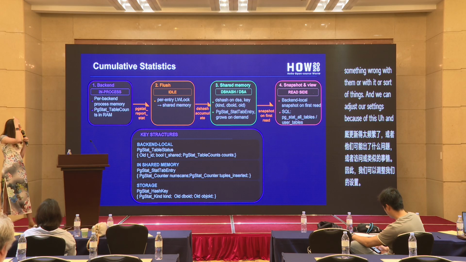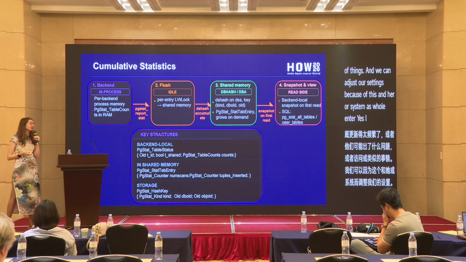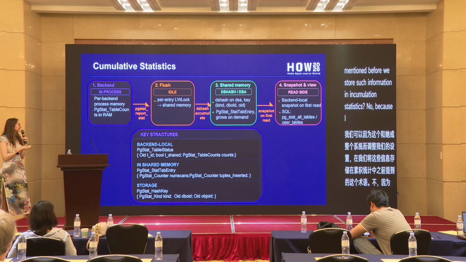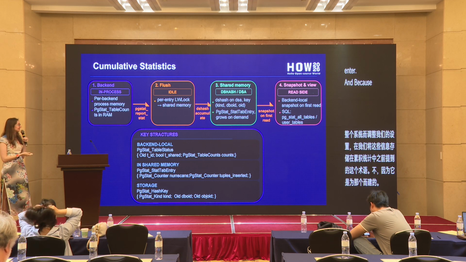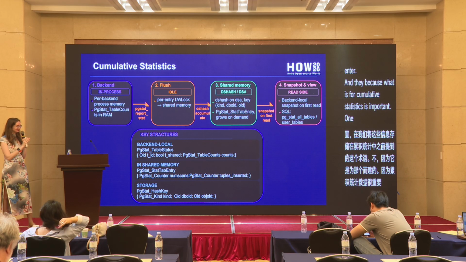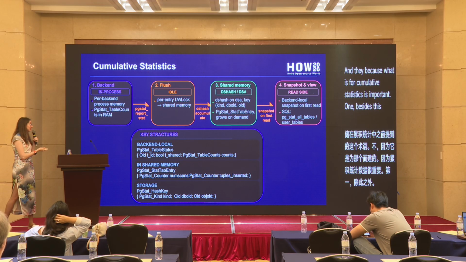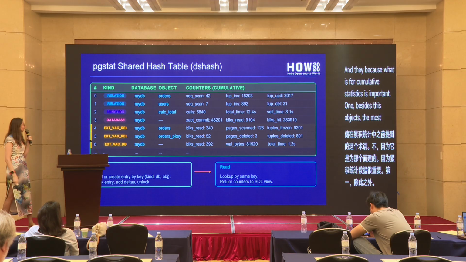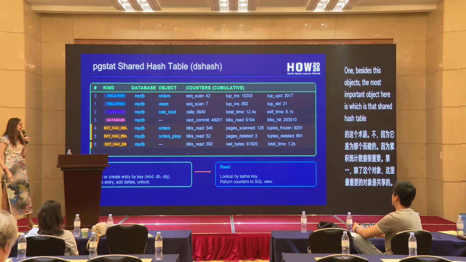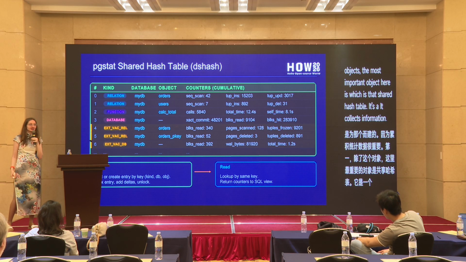Or the system as a whole. And as I mentioned before, we store such information in cumulative statistics, because it was built for that. But as for cumulative statistics, besides all these objects, the most important object here is the pgstat shared hash table. It collects information about what kind of object stores such statistics.